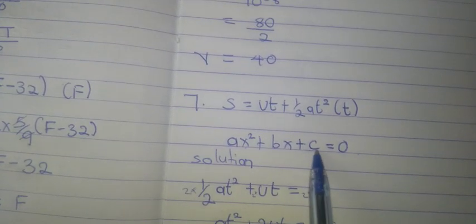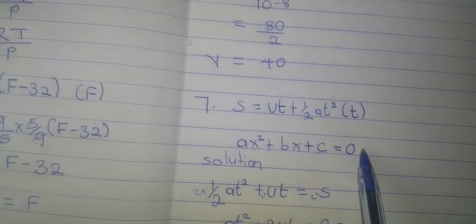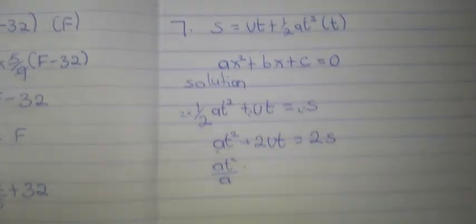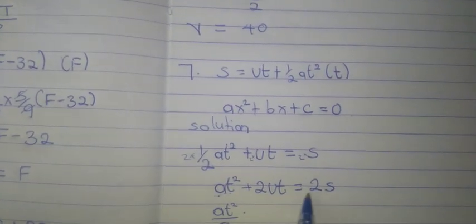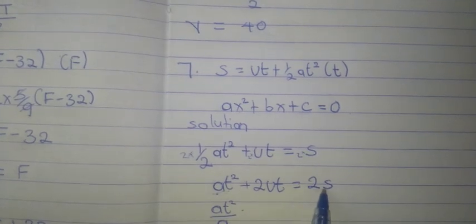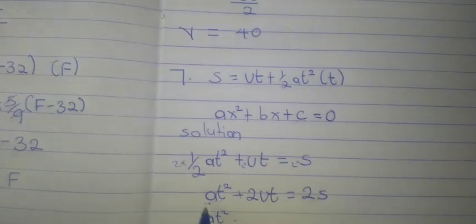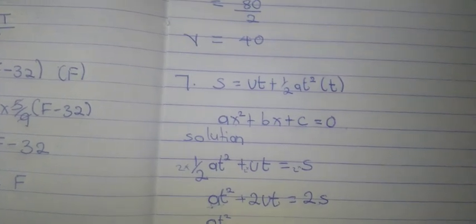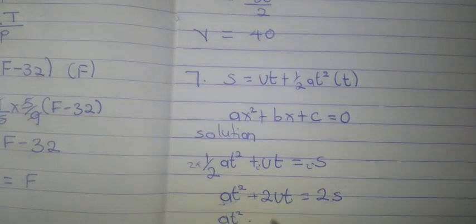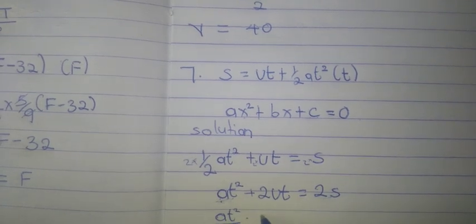We make sure that this constant is on the right, standing independent. This is our constant now, which does not contain t. So I divide by a throughout.